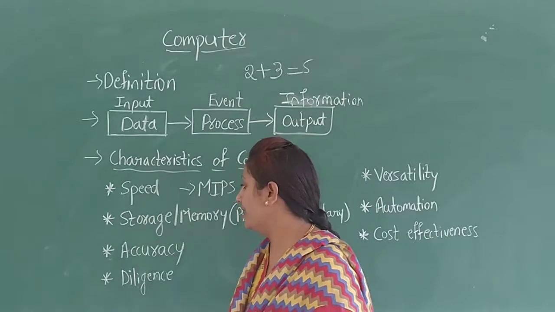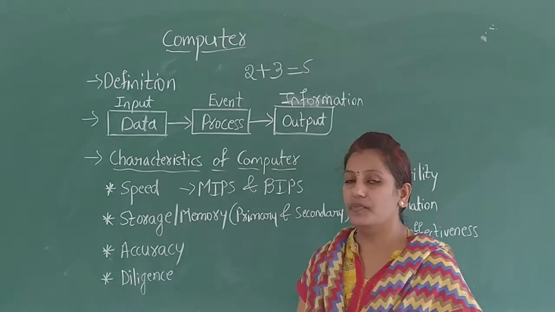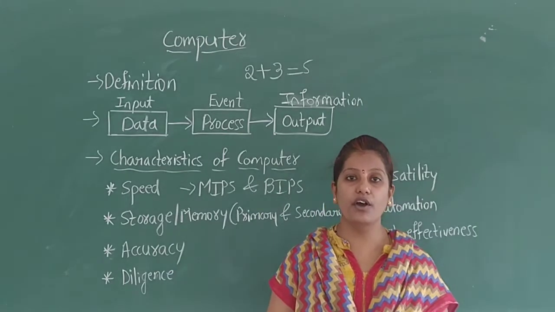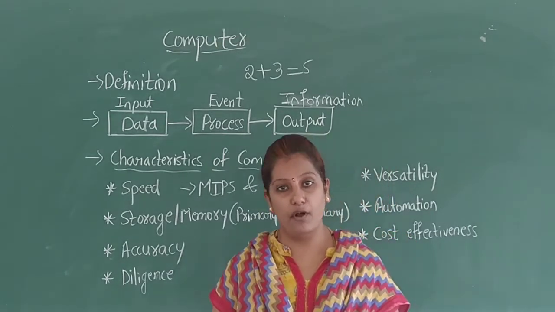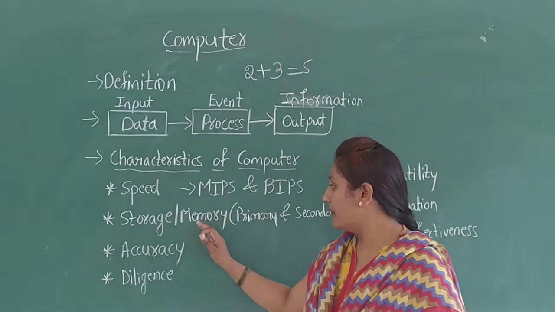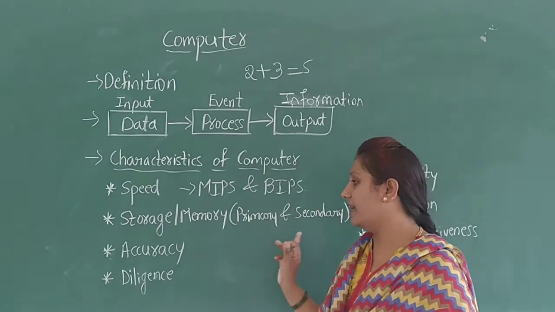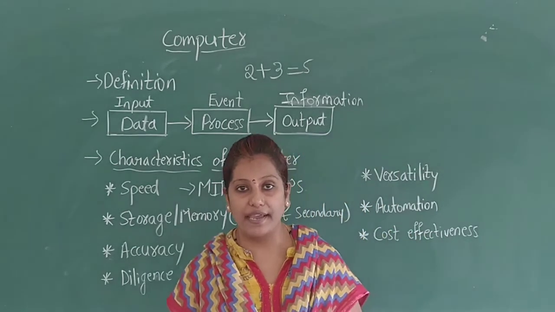The next one is storage or memory devices. A computer can store a large amount of data and information. The memory devices are categorized into two types: primary memory and secondary memory devices.